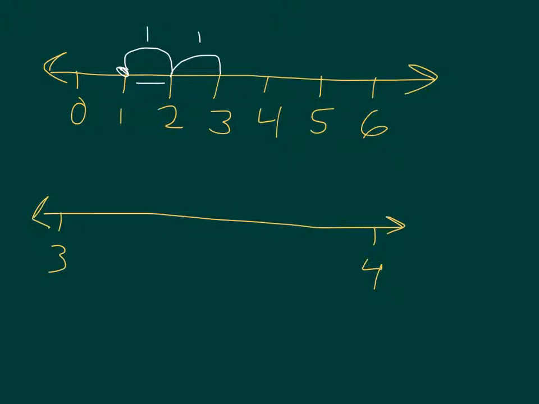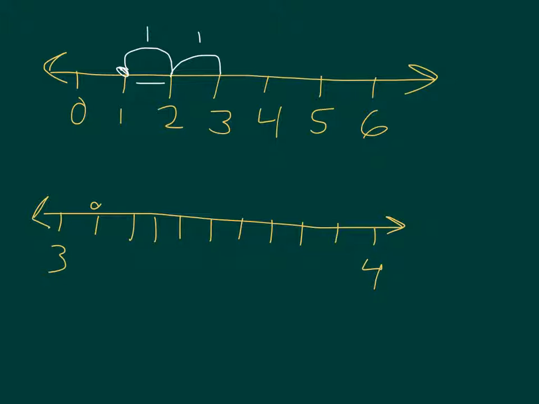Well, we can divide this space between the whole number 3 and the whole number 4 into 10 parts. So that's 1, 2, 3, 4, 5, 6, 7, 8, 9, and the next one is 10. We would call all of these tenths.